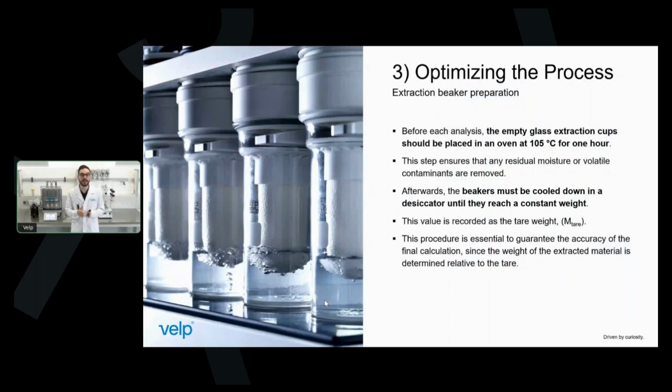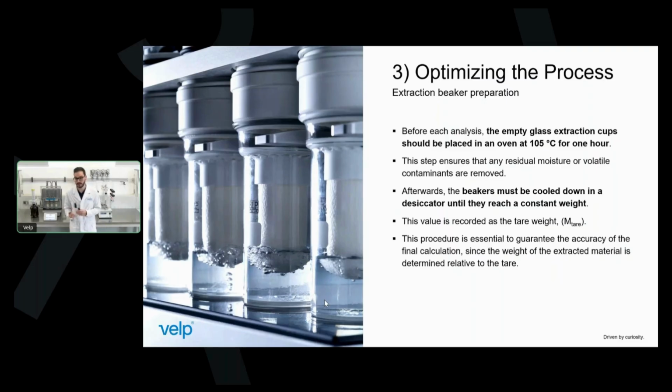Now we can see how we can optimize the extraction process for the direct determination. As I told you before, this extraction has a gravimetric nature, so it's really important to weigh the empty extraction cap before the extraction in a reliable way.